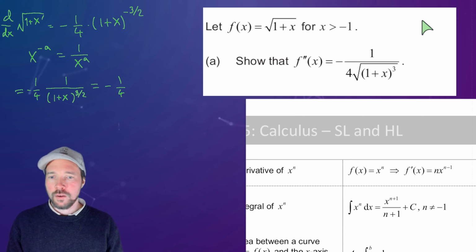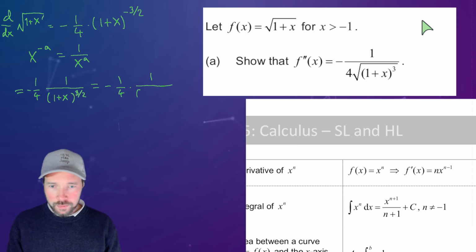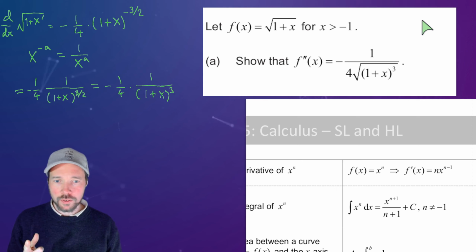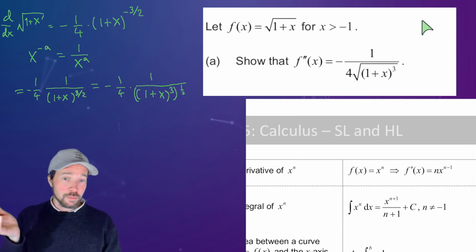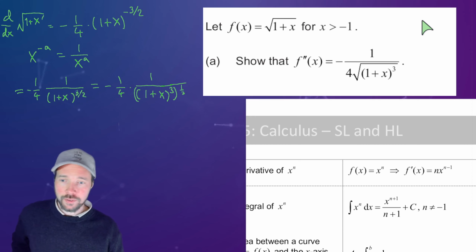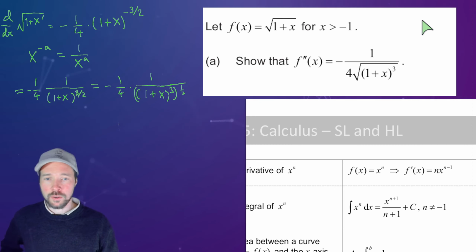So it's like 1/4 times 1 over 1 plus x, and now listen to this, power 3, and then this to the power half. Now we know that this is how powers work. This is the same thing. 3 times half is 3 divided by 2.